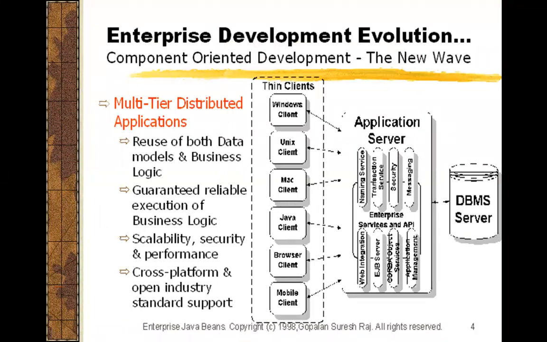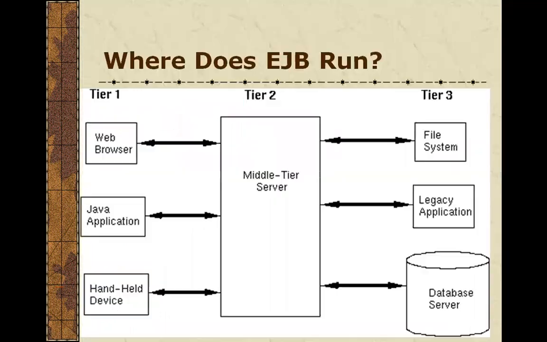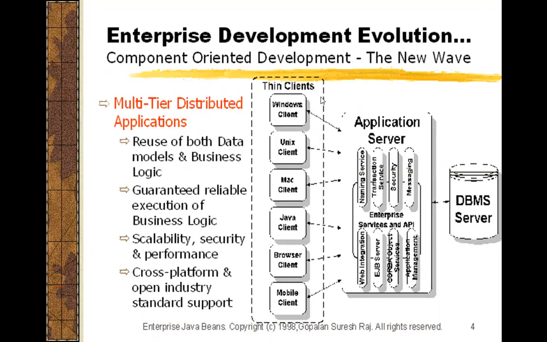How does this work? The client module has thin clients like Windows clients, Unix client, Java client, browser client, mobile client, which go to the server area, which we divide into two parts: the application server area, having a naming service, transaction service, security service, messaging service, and it is integrated through the enterprise service and application programming interface, which has web integration, EJB servers, CORBA object services, application management, and that is connected with the DBMS server.